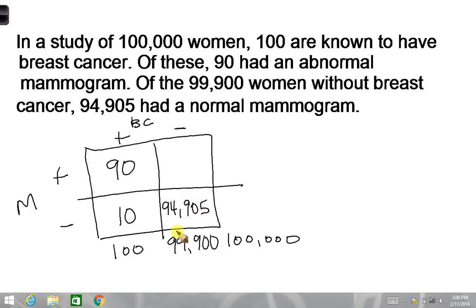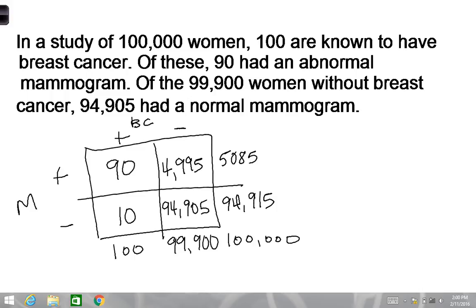Then if we subtract 94,905 from 99,900, we have 4,995 here. And then I like to put out to the side the sum of these two numbers, so 5,085 and 94,915. That way I can check my work and make sure everything adds up.